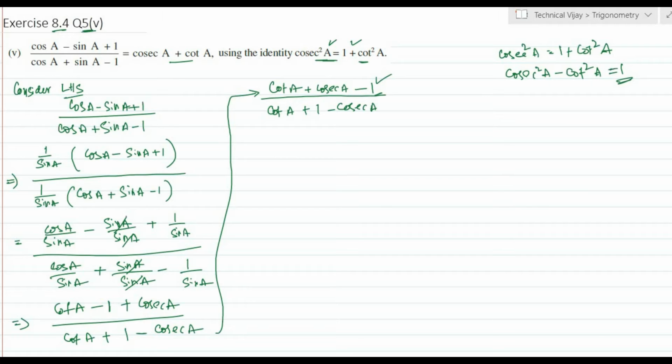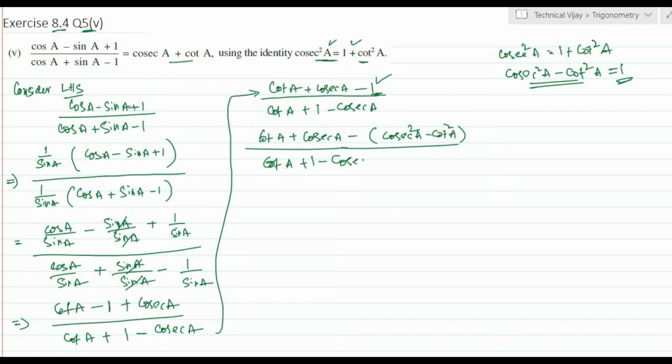We replace 1 with cosecant square A minus cot square A. So cot A plus cosecant A minus (cosecant square A minus cot square A), divided by cot A plus 1 minus cosecant A.